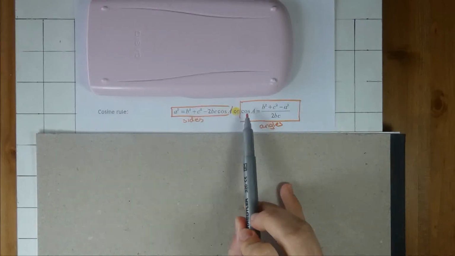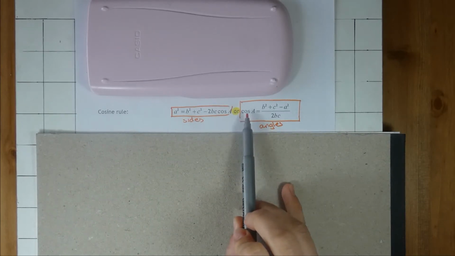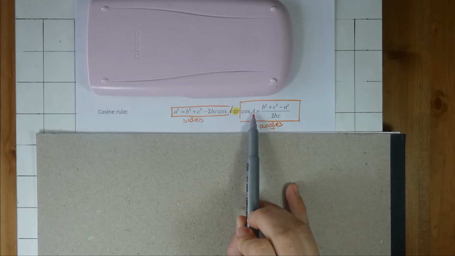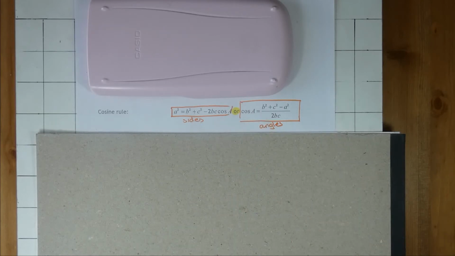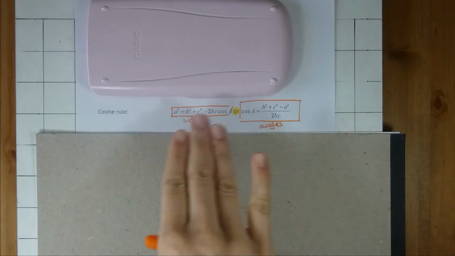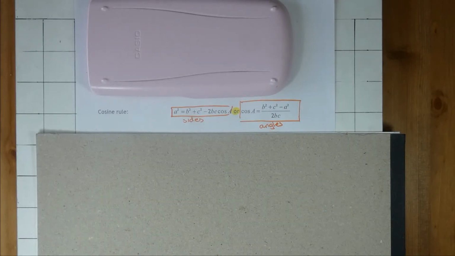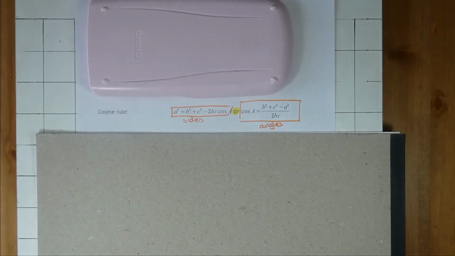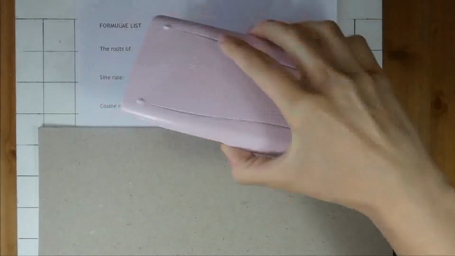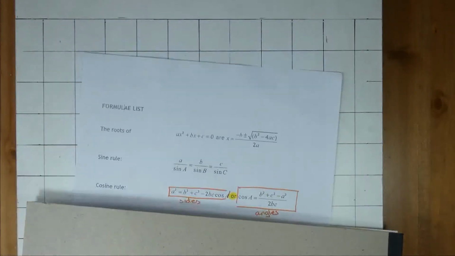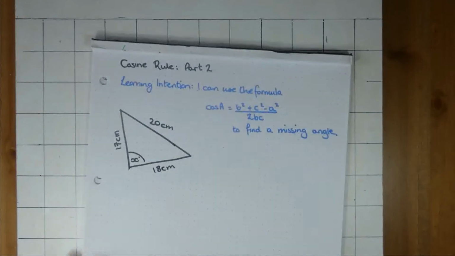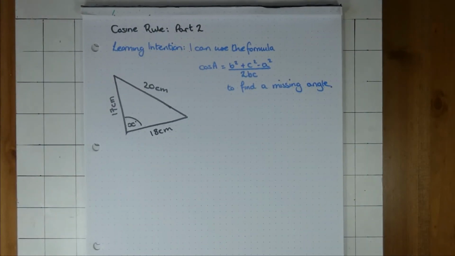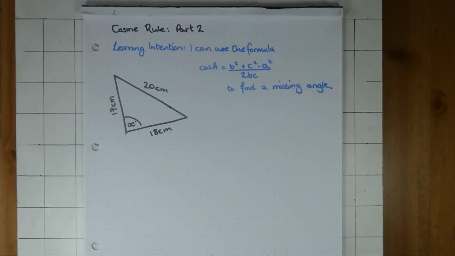So the fact we have cos, which is definitely an angle thing, A at the start of this one, is the way I remember it's for angles, okay? You get given both equations. The important thing is not panicking when you see them in that blurb all together, okay? But we are having a look at how to solve using that second formula on the sheet.